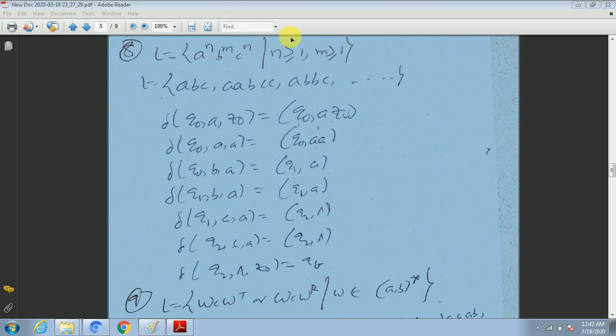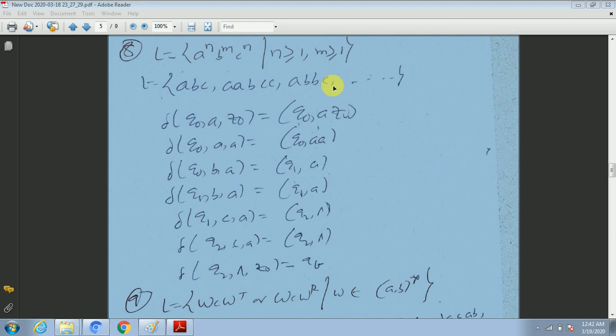The third condition is there should be a minimum of 1 A, a minimum of 1 B, and a minimum of 1 C. It means null is not allowed here. As per the language constraint, a few accepted strings are ABC, AABCC, and ABBC, and so on.